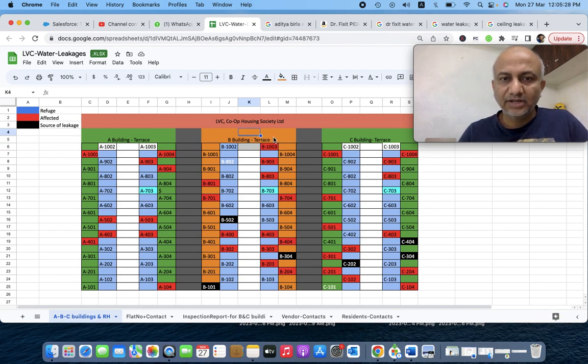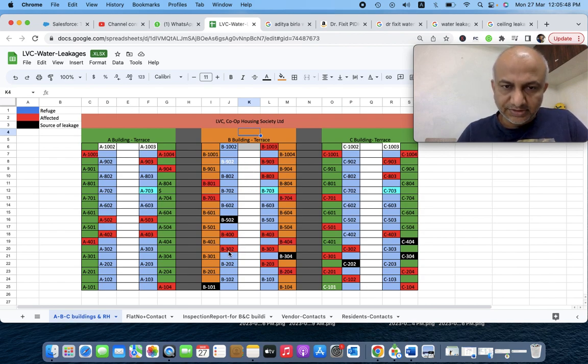You have to go and analyze; the terrace could be the source of water leakage. Accordingly you can mark all these in red and try to figure out the root cause of the leakage.